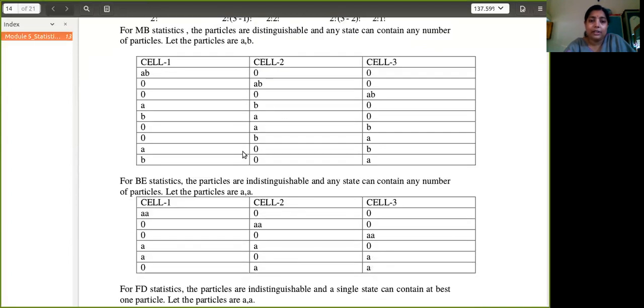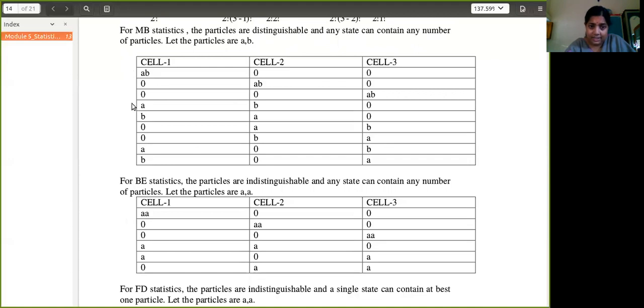Now, if the particles follow Bose-Einstein statistics, what will happen? There will be no A and B. They will be the same, so we will name them both A and A. So from the combinations, 3 combinations will be deducted. Cell 1 has AA, cell 2 has AA, cell 3 has AA. These first 3 combinations remain.